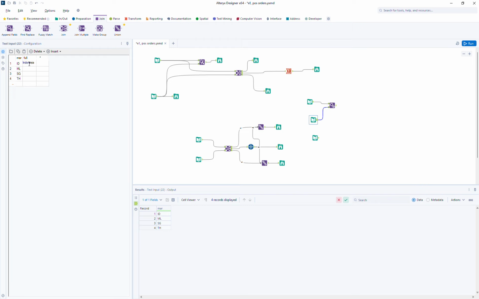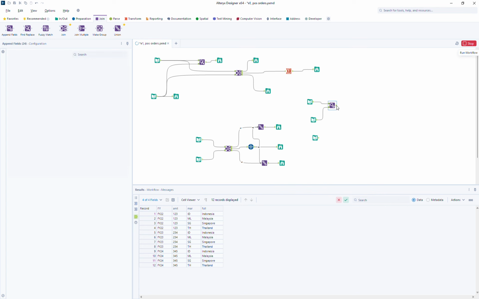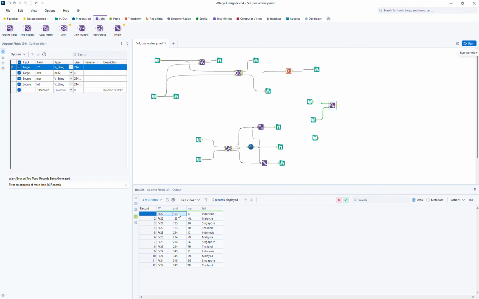You can see it does the same thing, but one row is repeated with the whole block. You can see the full names, 1, 2, 3, 4, in here. Similarly, the second row will be multiplied with this block, and the third row with this block. This is the full combination, all the possible combinations from the two tables.